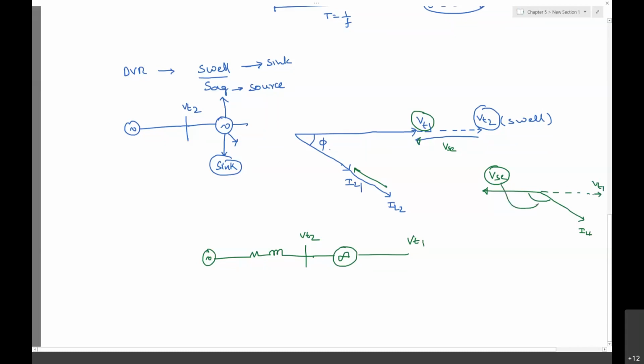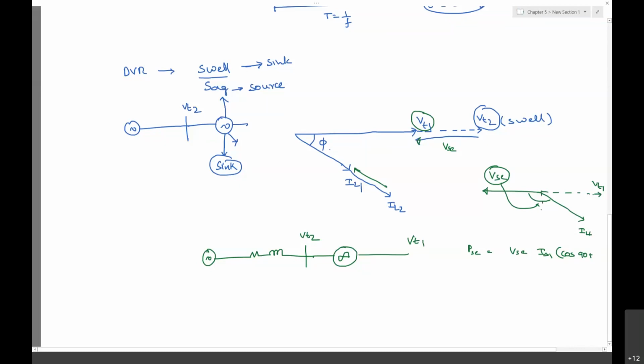The power injected by the series active power filter is VSC times IL1 times cos of 90 plus an angle.